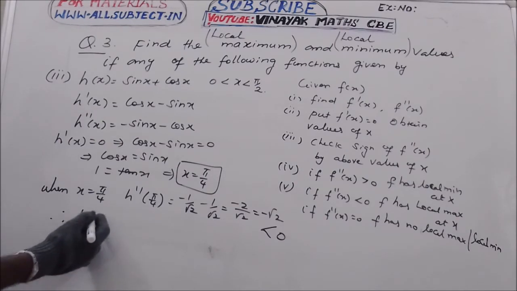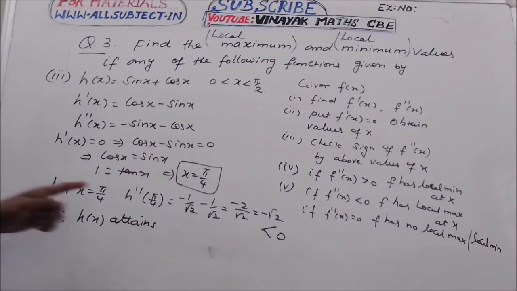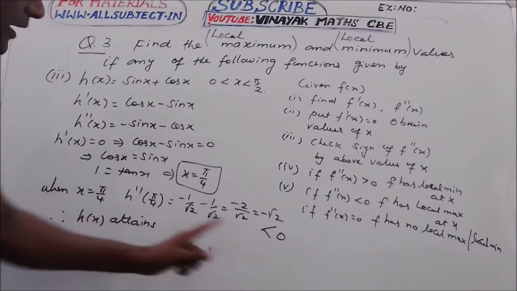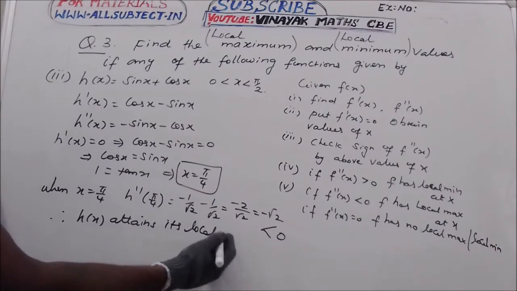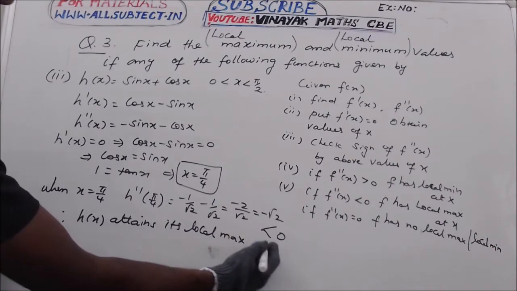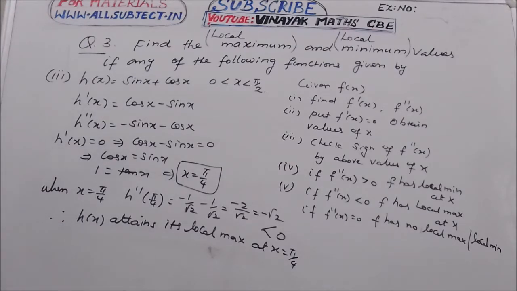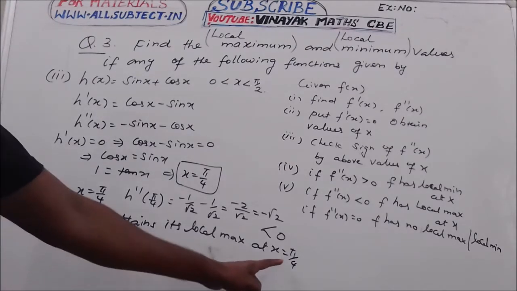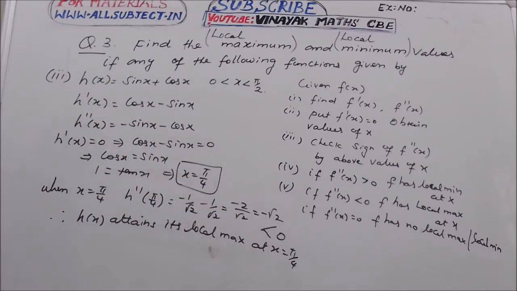Therefore, h double dash of x is less than 0, which means h of x attains its local maximum at x is equal to pi by 4. To find the local maximum value, substitute x is equal to pi by 4 in the given function h of x.